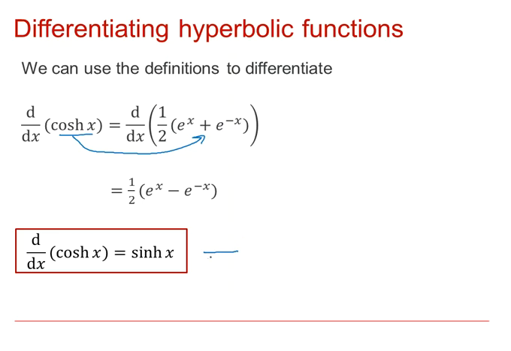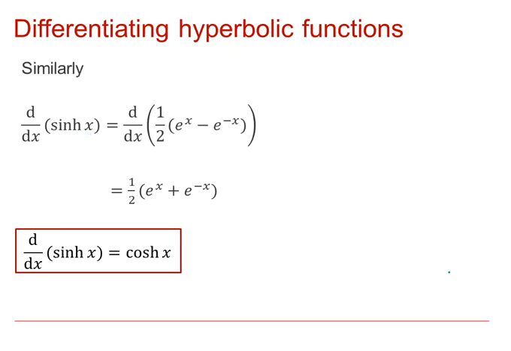And it would seem a logical step now to ask ourselves, what do we get if we integrate sinh x with respect to x? So if the derivative of cosh x is sinh x, the integral of sinh x is cosh x. Similarly, if we wanted to differentiate sinh x, we can use the definition of sinh, and when we come to differentiate this e to the minus x term, it will, because of the chain rule, produce another negative sign.